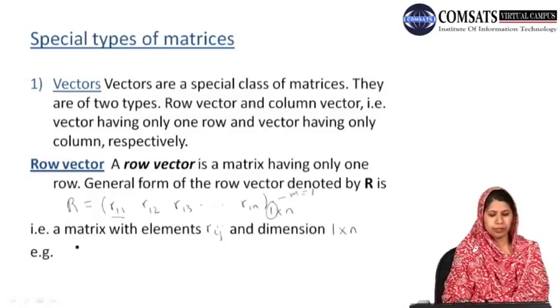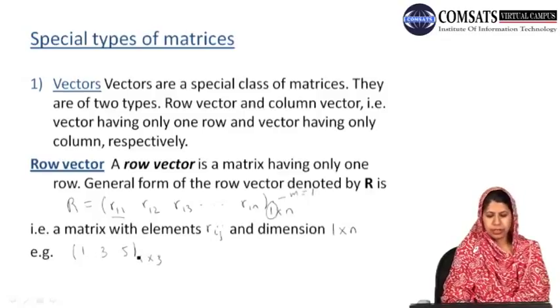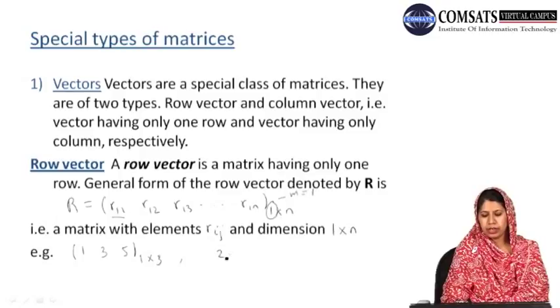For example, if we have a vector 1, 3, 5, then this is a row vector with only one row and how many columns? 3 columns. For example, if we write 28, then is this a row vector?